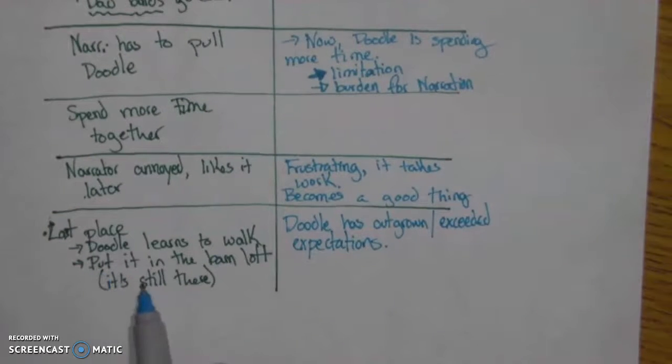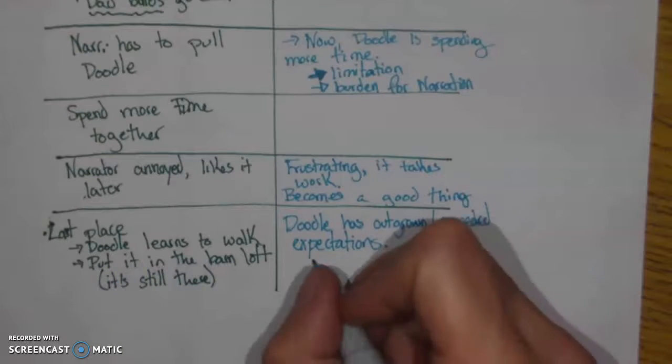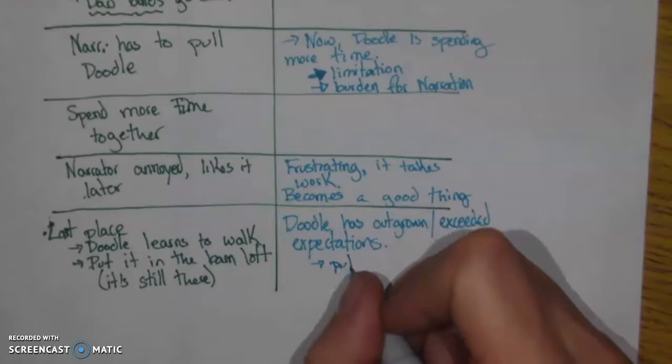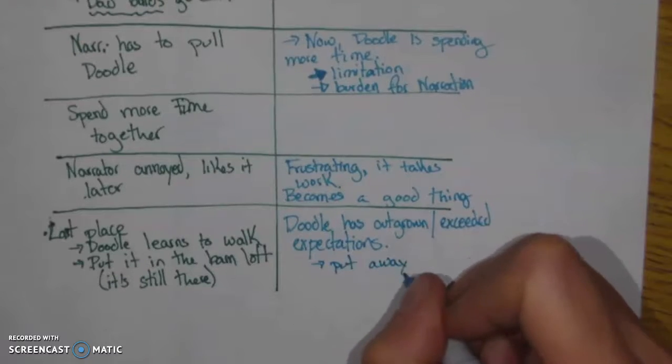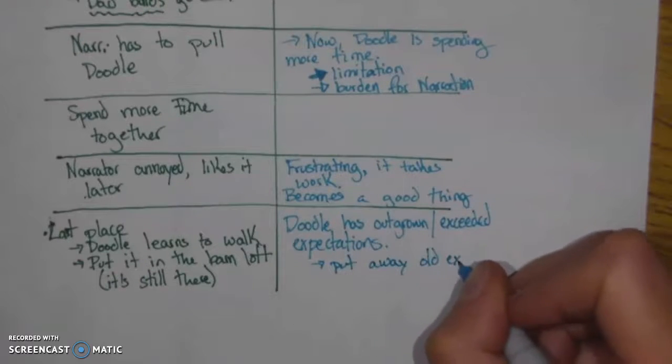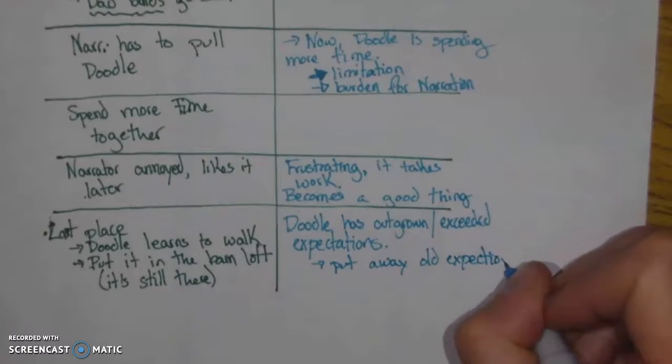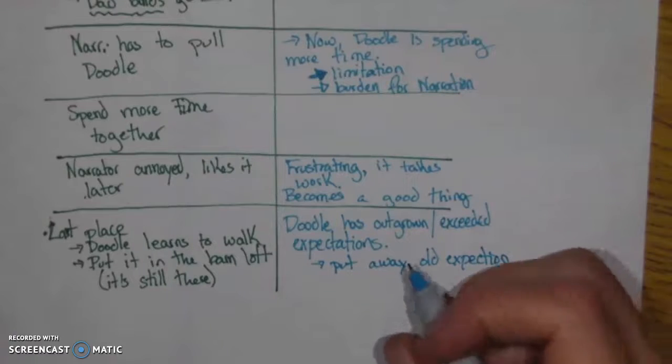But this is where we have a few interesting things that really can give us some deep insight. They put it in the barn loft. So they put away their old expectations, just like they put away the expectation that he died.